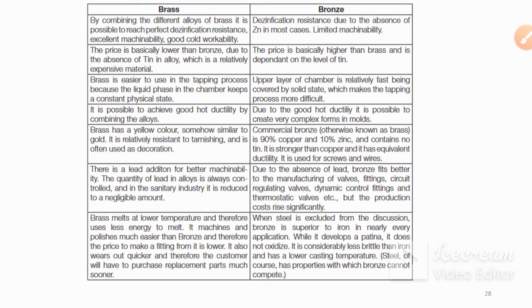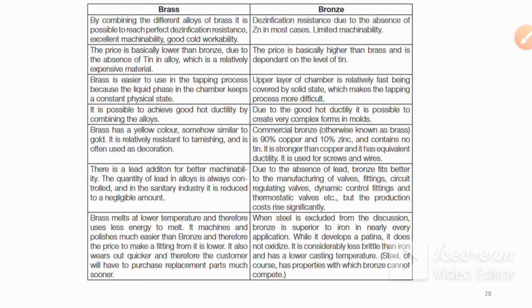Brass melts at a lower temperature and therefore uses less energy to melt. It machines and polishes much more easily than bronze, and therefore the price to make fittings from it is lower. It also wears out quicker, and therefore the customer will have to purchase replacement parts much sooner.